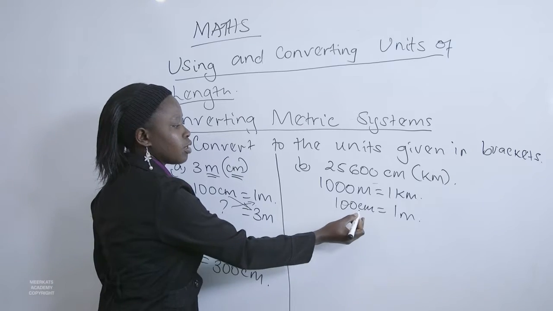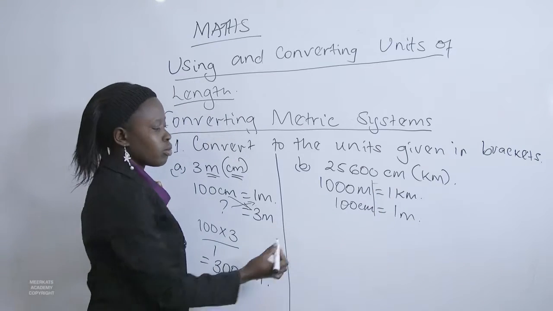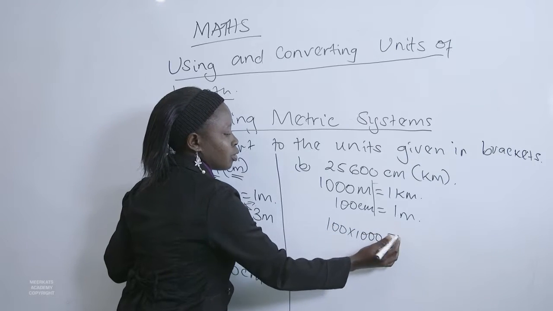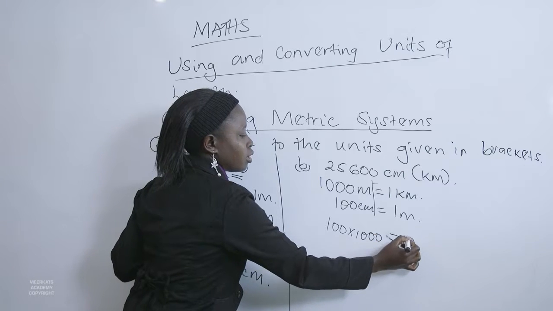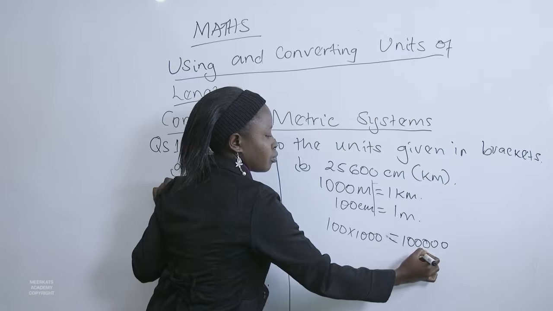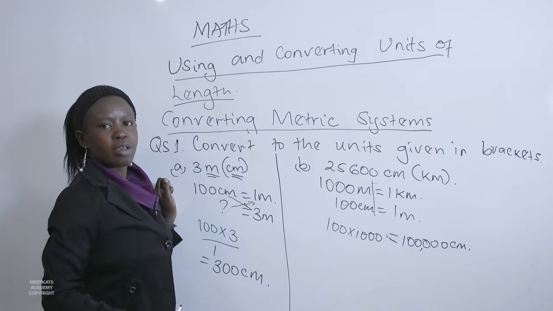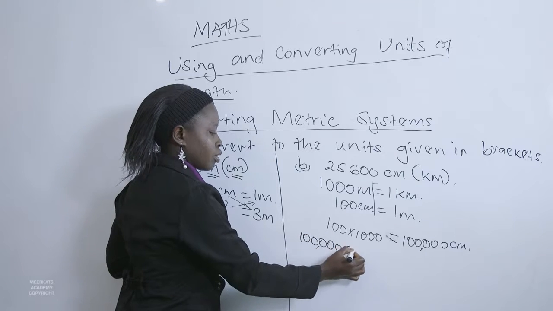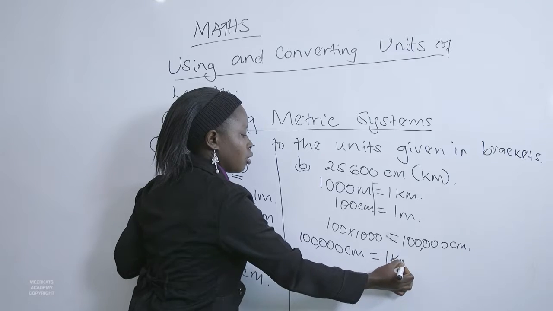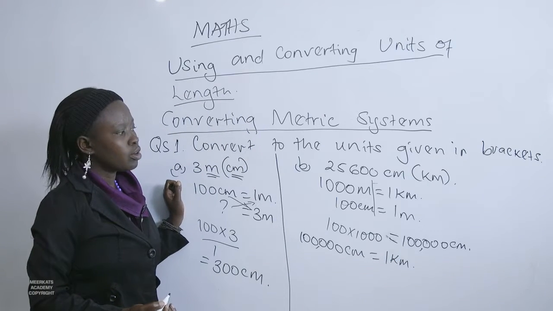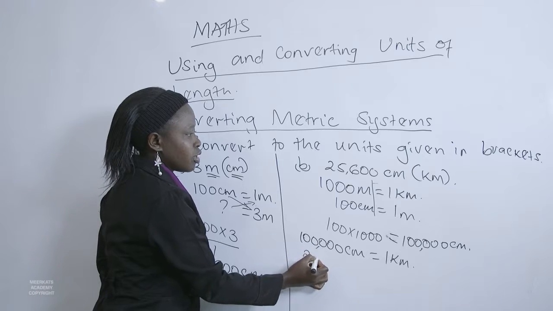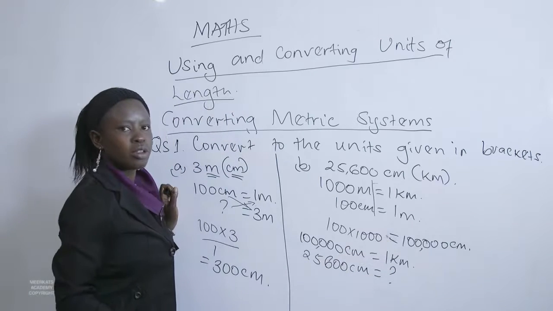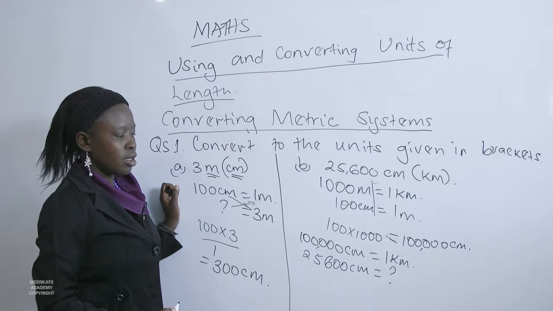So the number of centimeters that makes up 1 kilometer then means we have 100 times 1,000, which gives us 100,000 centimeters. So it means 100,000 centimeters is equal to 1 kilometer. But what do I have? We have 25,600 centimeters. We need to find out how many kilometers are there.